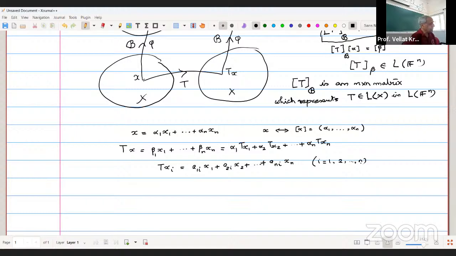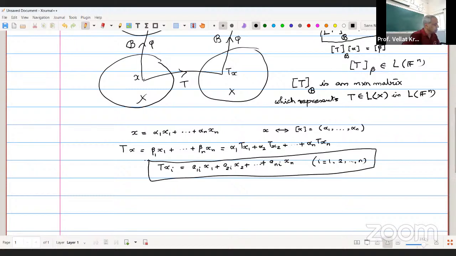They are uniquely determined by these equations. It's the important equation. There are n equations here. Now what one does is you just substitute here. So you write beta 1 x1 plus beta 2 x2 plus etc. beta n xn as alpha 1.